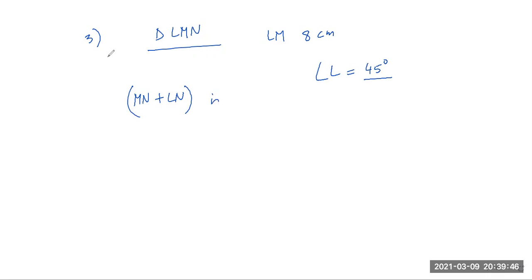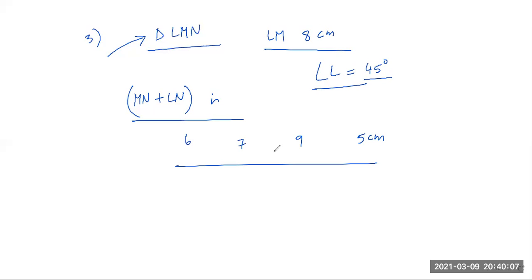Construction of this triangle LMN when LM, maybe the base, is 8 centimeter and angle L is 45 degree, and MN plus LN is either 6, 7, 9 or 5 centimeter.